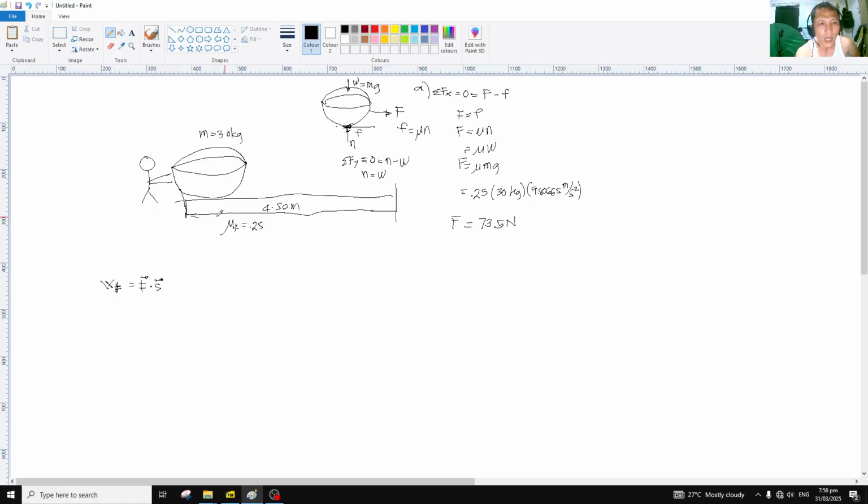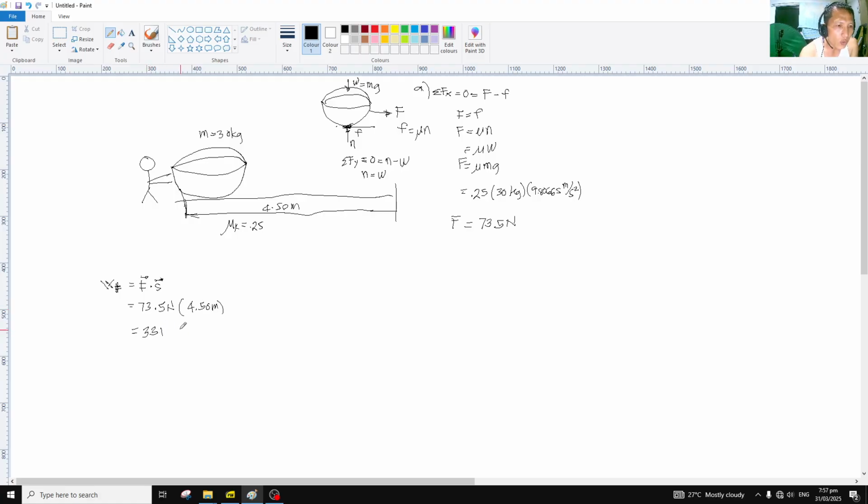But if they are the same, your F is going to this side and your displacement is going to this side, so it is straightforward. Meaning, 73.5 Newton multiplied by your displacement 4.50 meters, and that would be 331.